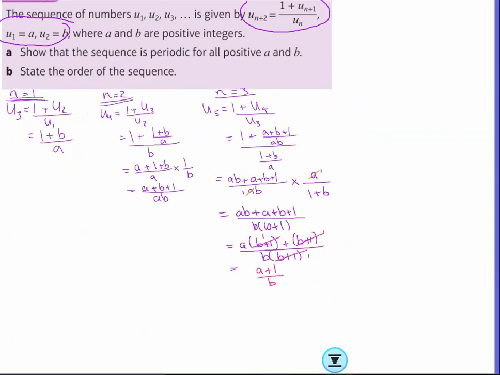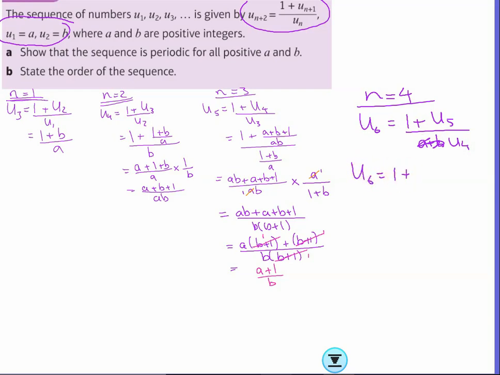One more. We're nearly there. I hope it's one more, unless I've gone horribly wrong. So when n is 4, we've got the sixth term is 1 plus the fifth term all over the fourth term, which was a plus b. Oh, naughty. I'm not at that stage yet.